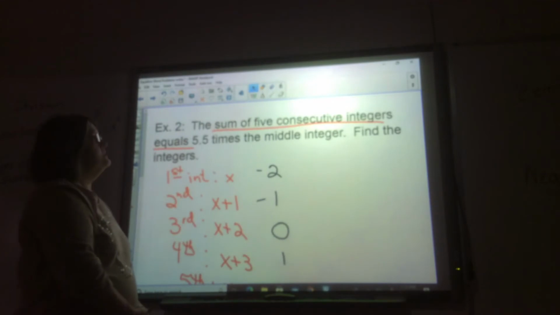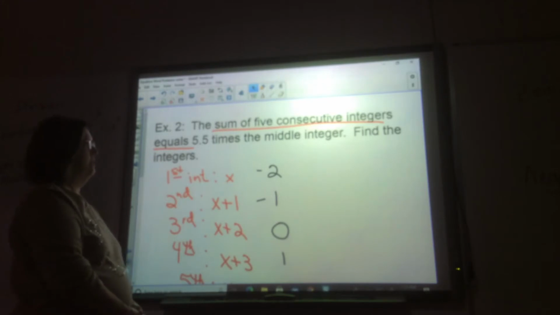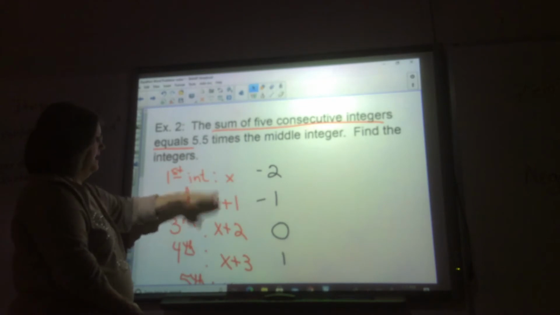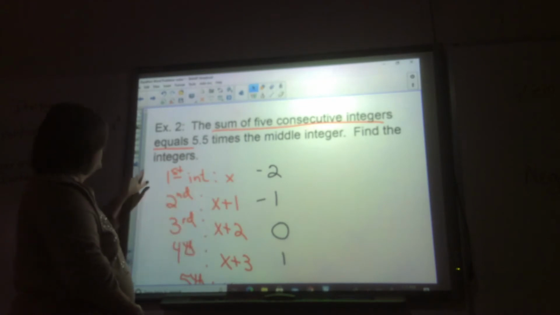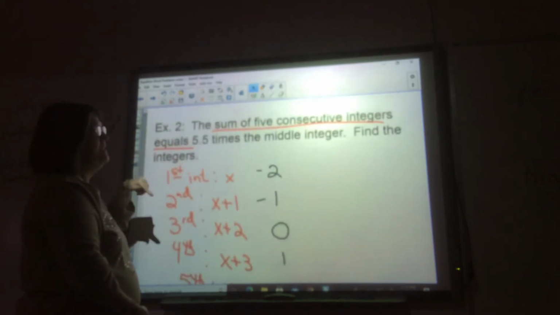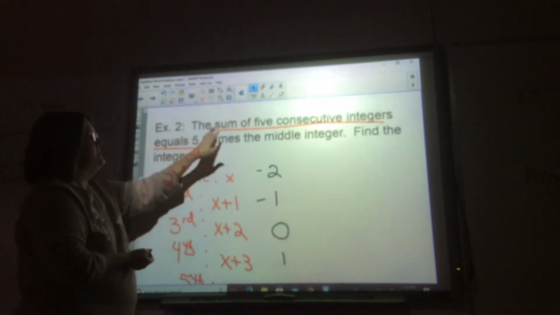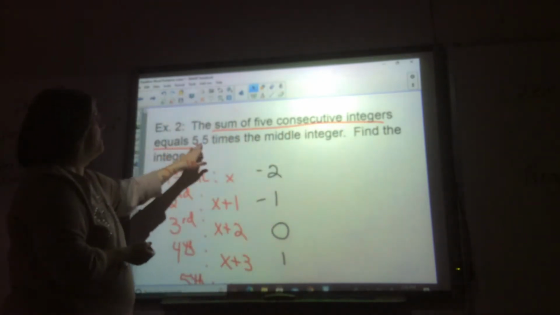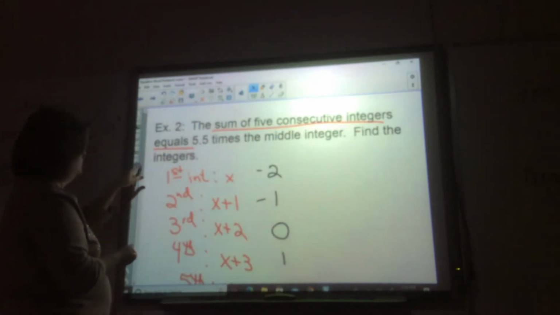Okay, the sum of 5 consecutive integers equals 5.5 times the middle integer. Now, we're going to just write our 5 consecutive integers: x, x plus 1, x plus 2, x plus 3, x plus 4. Now, to write my equation, it says the sum of those 5 consecutive integers equals 5.5 times the middle one.